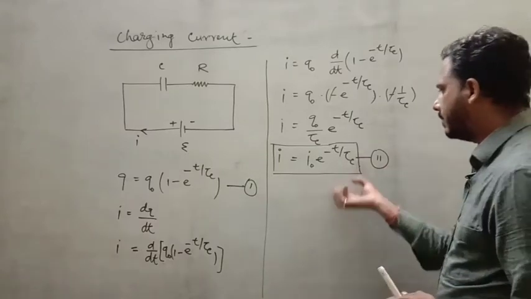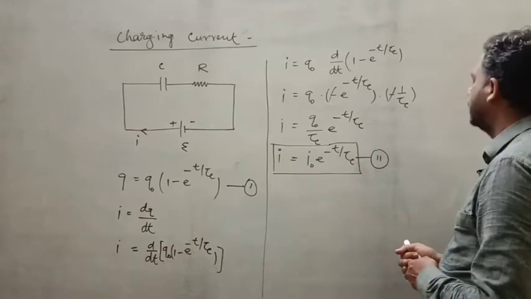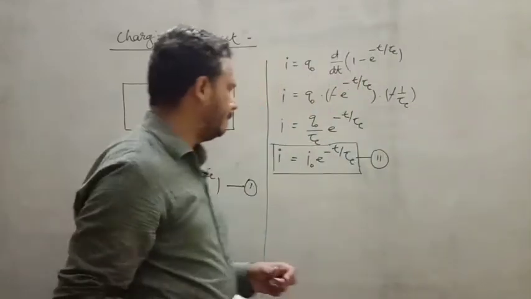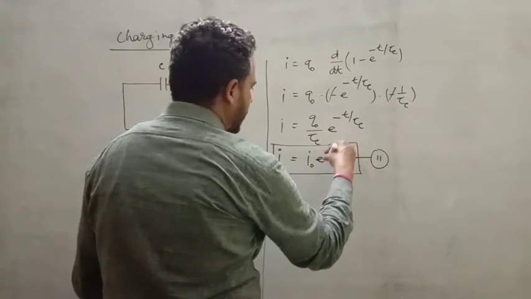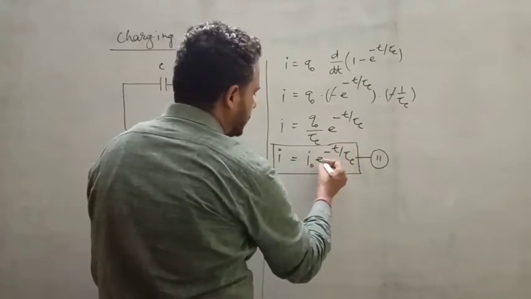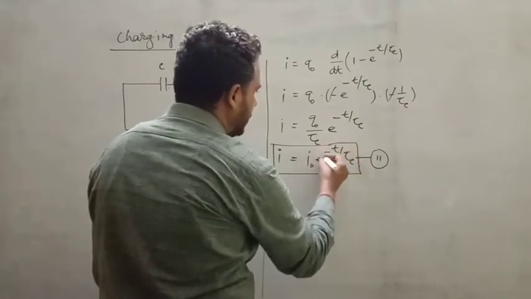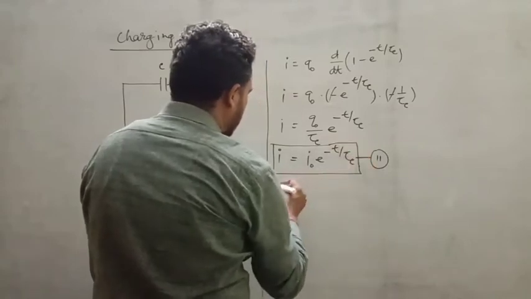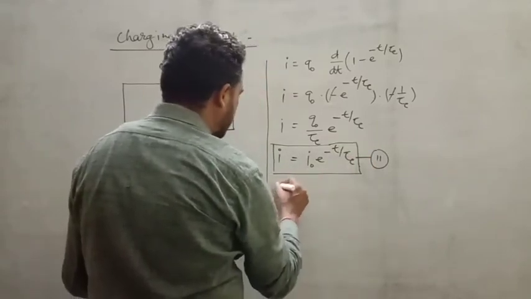Let me analyze how much I is. Because I naught is constant, you just analyze e to the power minus t by tau c.